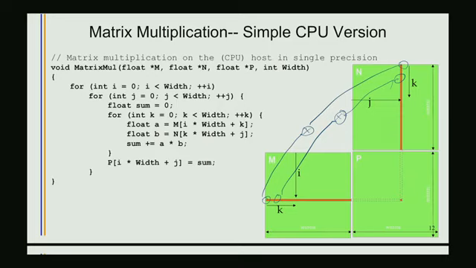Purely simple. If you didn't hear it, what he said is, every element of P is independent of every other element of P. Let's start there, which is to say that let's have each thread just work on an element of P. And then we'll go from there.